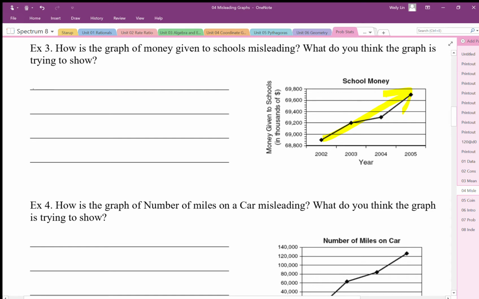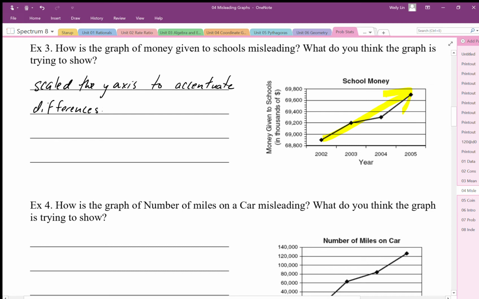Okay, so we scaled the y-axis, and it's to accentuate the differences again. Okay, so we're trying to show that it looks like it's a greater difference than maybe there really is.